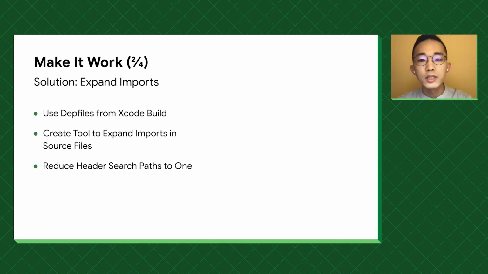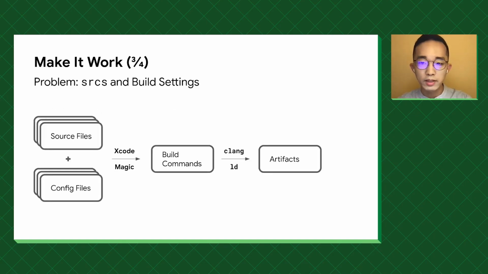The second problem is to figure out the source and build settings. As I've mentioned earlier, this information is hidden in the final build command, and those commands are generated with Xcode magic.